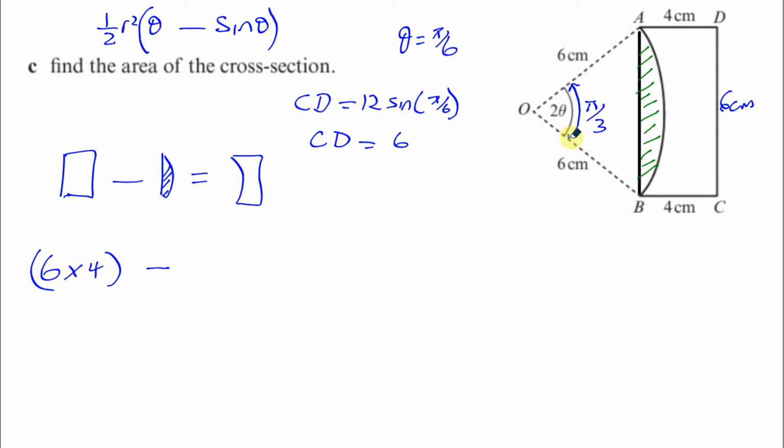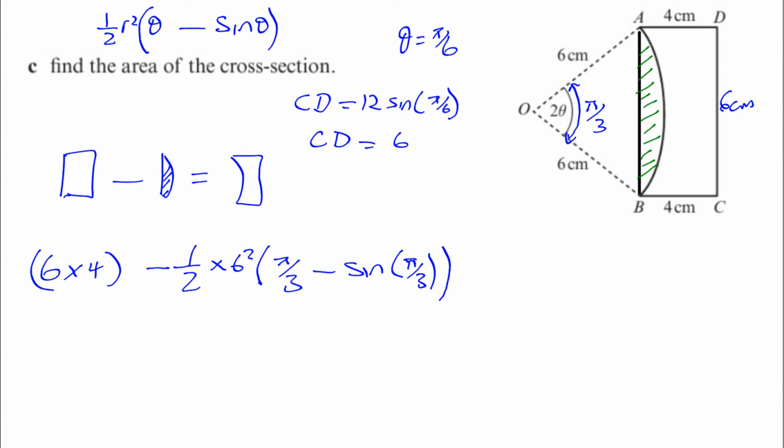So the angle from here to here is pi over 3. Okay, so now you're going to have a half times r squared, so it's a half times 6 squared, times theta, which is pi over 3, minus the sine of pi over 3.